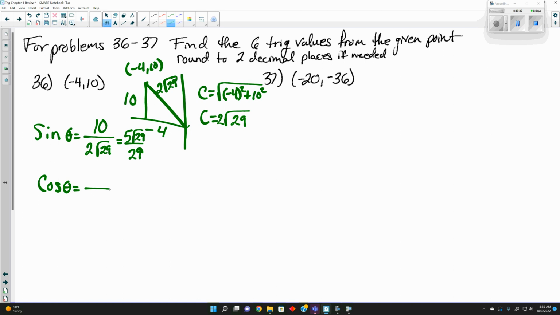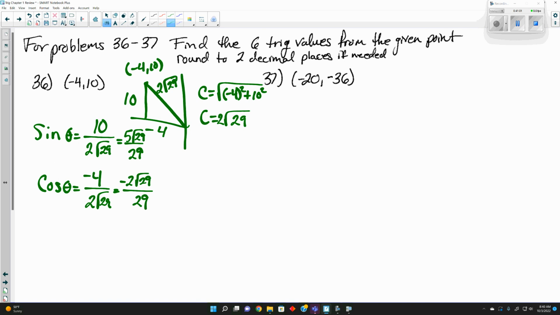Cosine is going to be our negative 4 over 2 square root of 29, and if we type this into the yellow calculator, we'll get negative 2 square root of 29 over 29.